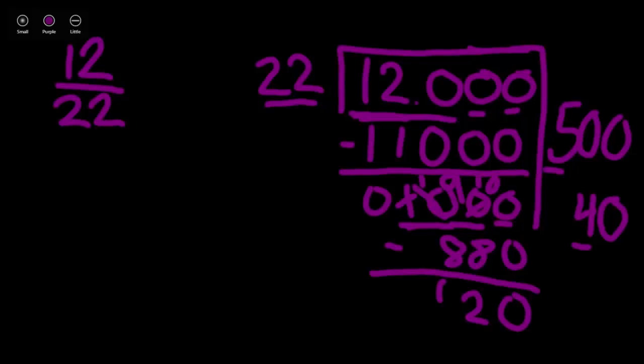Well, let's see what we can multiply by 22 to get close to 120. And if you remember from our math before, we know that 22 times 5 will give us 110. So let's use that. Put our factor over here, times 5, and that gives us 110.